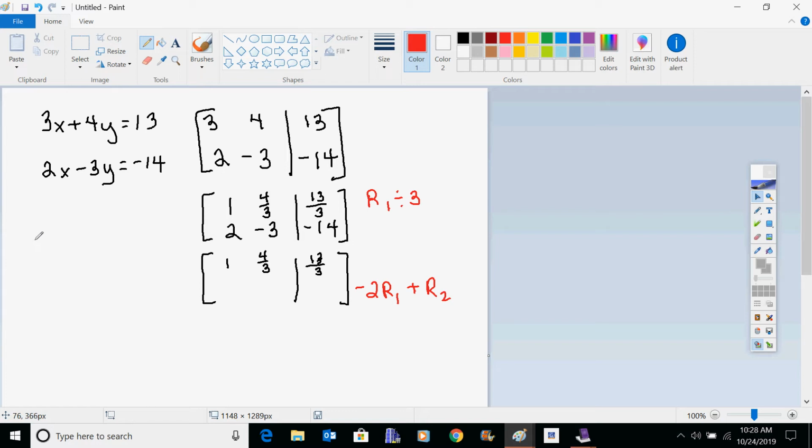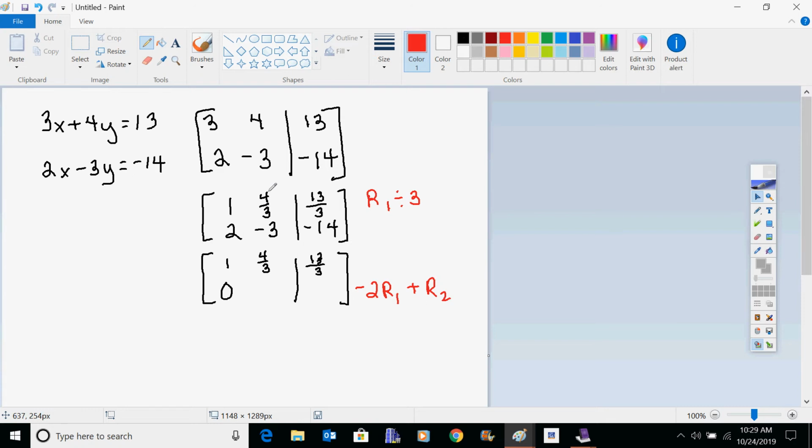So I'm just going to put a little work to the side here. The first one's easy because -2 times 1 is -2 plus 2, and that's the whole reason we picked that in the first place. So this one's 0.